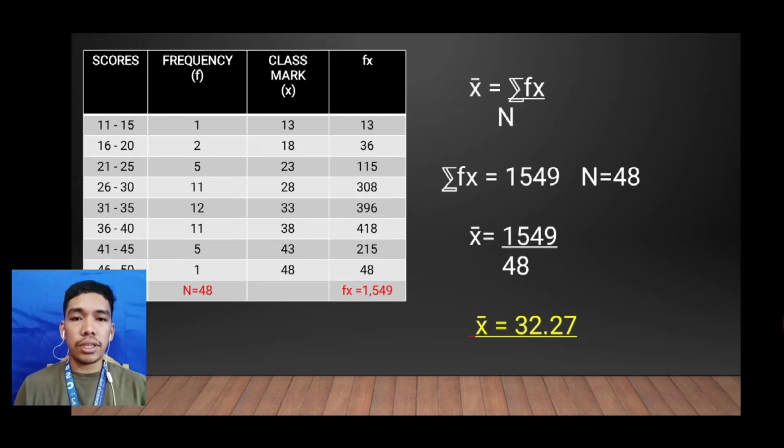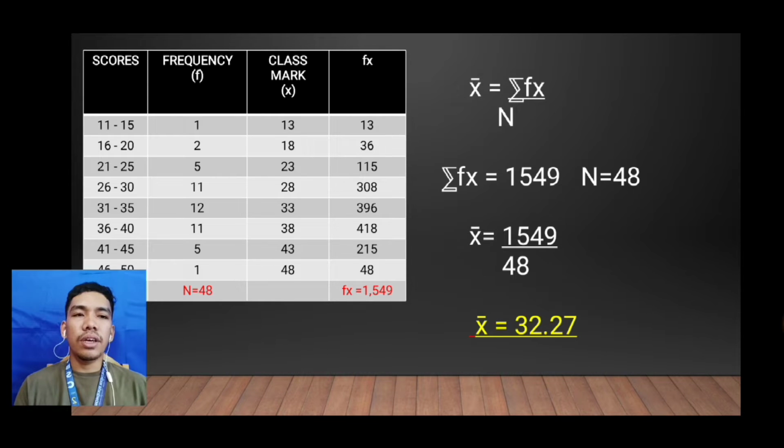So we are just going to copy that. After that, we are going to find the n. The n is the total frequency, which is 48. We are also just going to copy 48 since it is already given in the data.